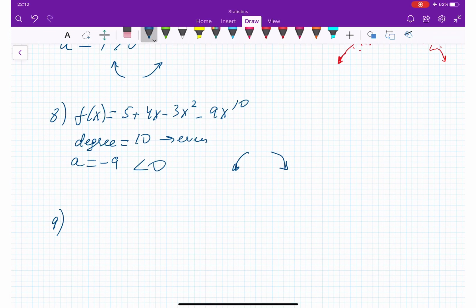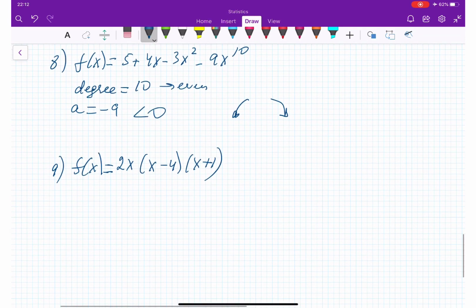Now we need to graph. Here we are going to use actual points. So before we did sketching and then end behavior, now we are going to draw the graph precisely. So it's going to be f of x is equal to 2x times x minus 4 times x plus 1.